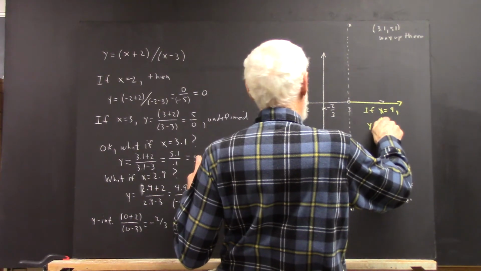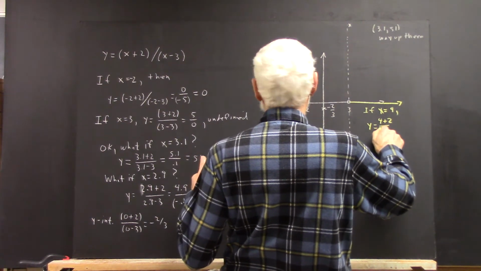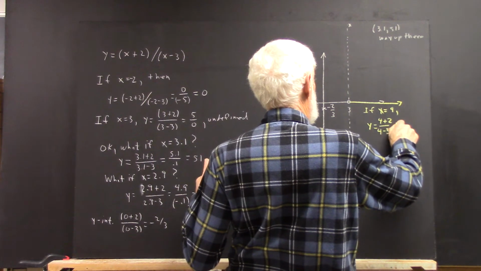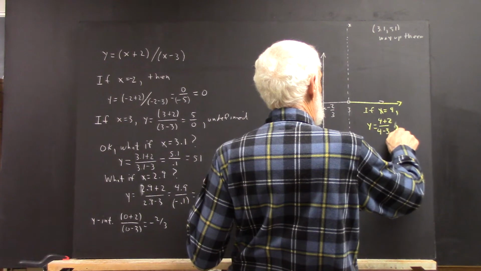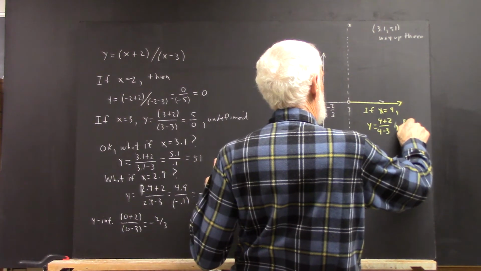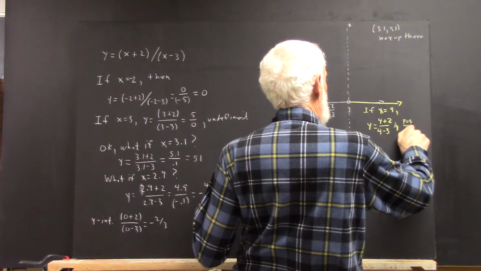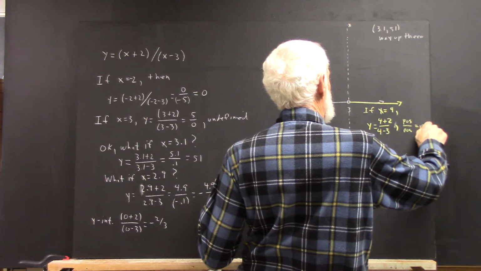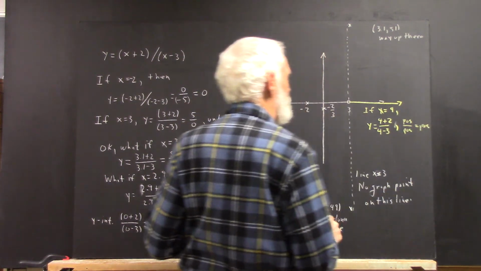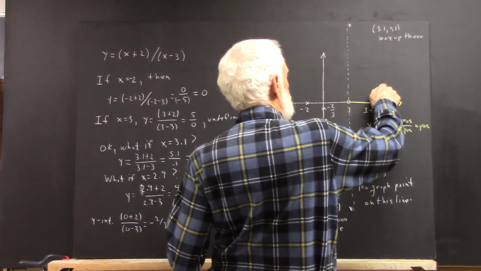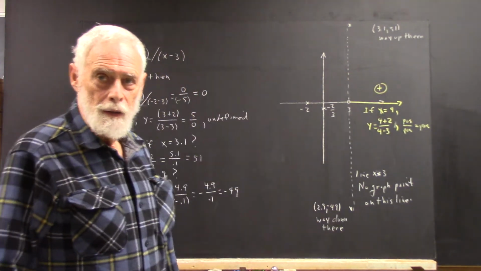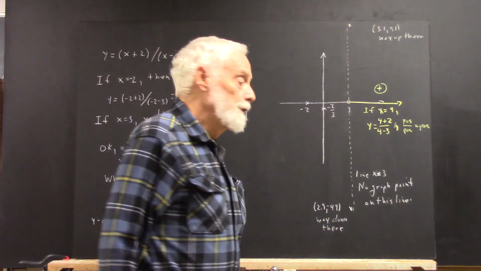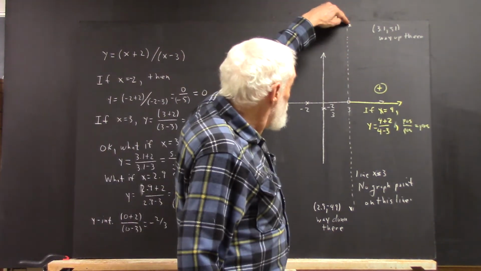Y would equal 4 plus 2 over 4 minus 3, which is positive over positive, which is positive. Okay, so we know that the graph has to be positive all the way to the right of x equals 3, and that's consistent with what we got here.